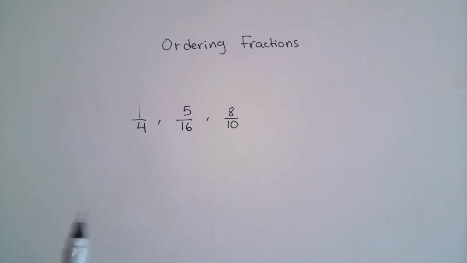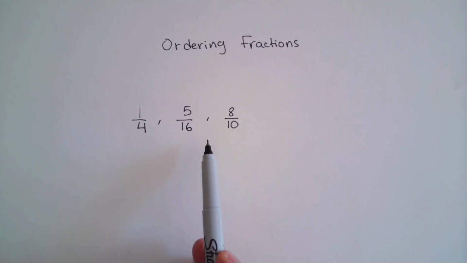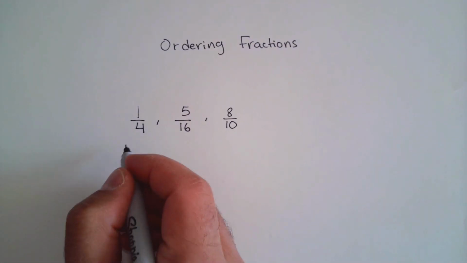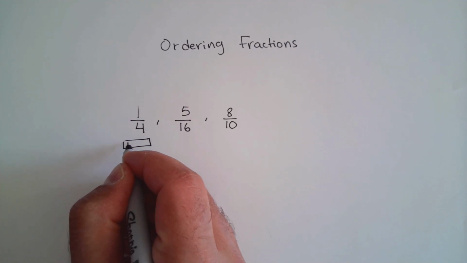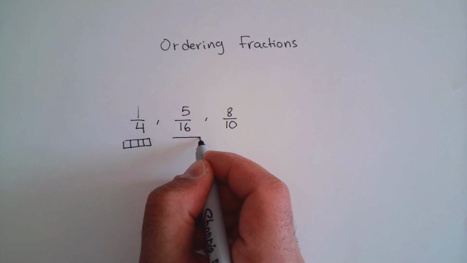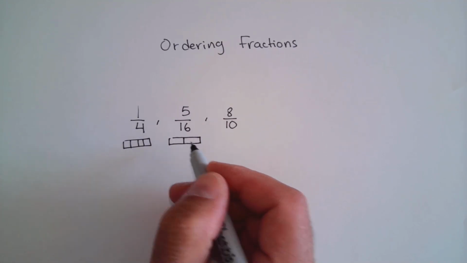Okay, so for example, when we look at the denominator, that tells us how many parts each fraction makes up a whole. So fourth means we have a whole that is made of 4 parts. The second fraction is a whole that is made of 16 parts.